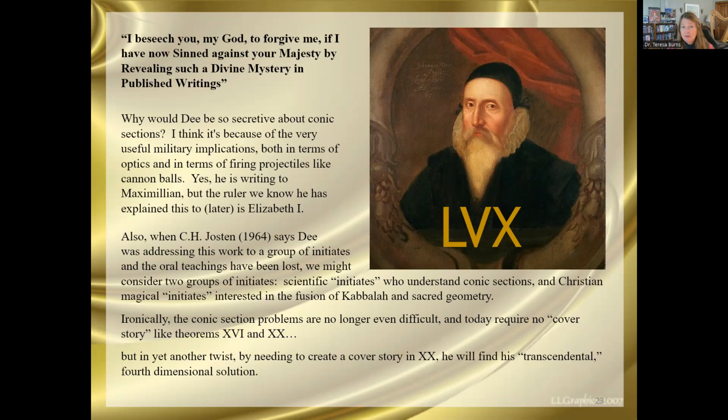The one that we would think of today as initiates, people who are into magic, Kabbalah, and esoteric work, Christian Kabbalah, so Christian magical initiates. But there's also a group of initiates that are science initiates that want to know how to do things like successfully fire projectiles, make telescopes, and that Dee is their, or one of their, theoretic sources for people like Harriot, for example, doing those.